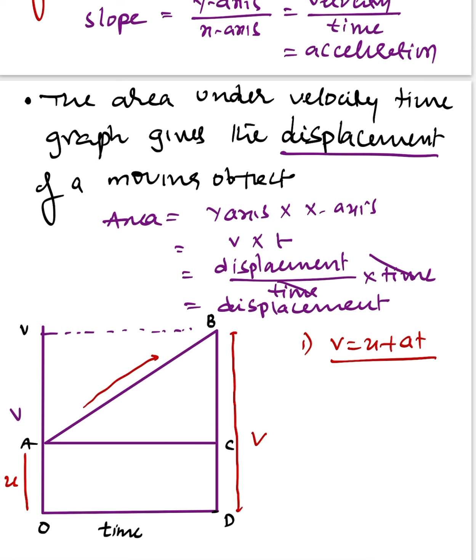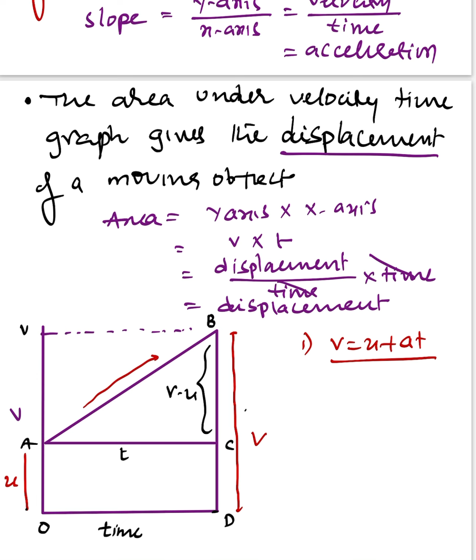And what part is the change over here? That BC part is the change, that should be V minus U. So this is initial velocity, final velocity, and change in velocity BC.